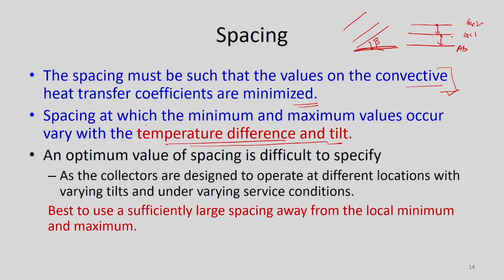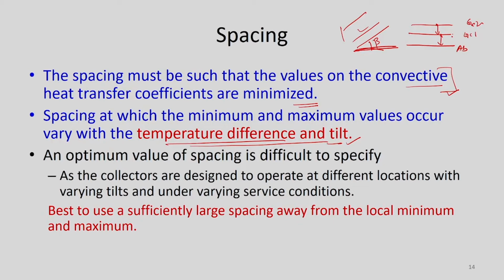This spacing at which the minimum and maximum values occur vary with the temperature difference and tilt, which is shown here. Okay. An optimum value of spacing is difficult to specify, as the collectors are designed to operate at different locations with varying tilts and under varying service conditions.